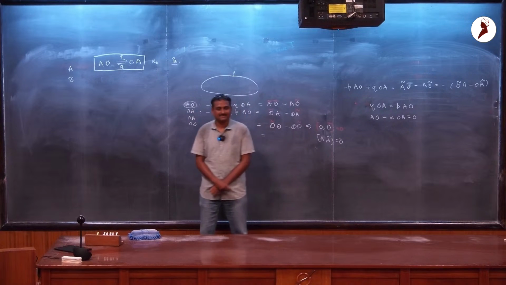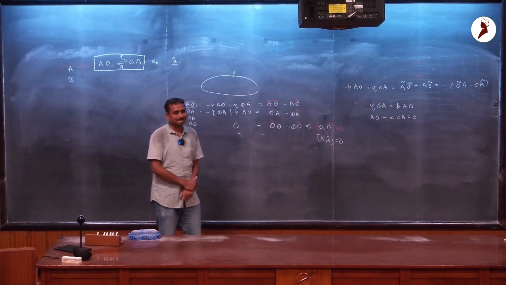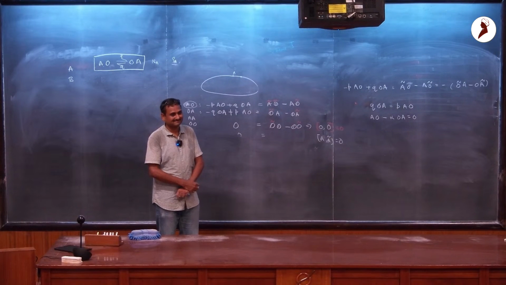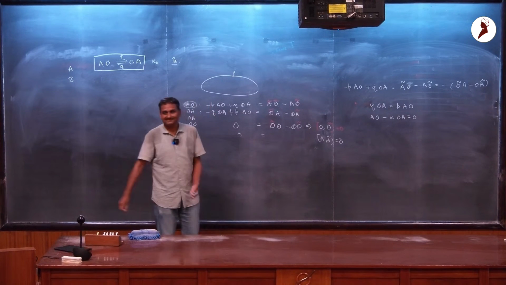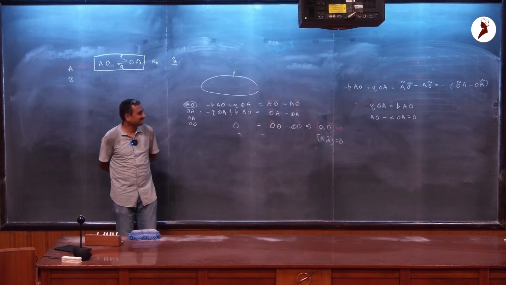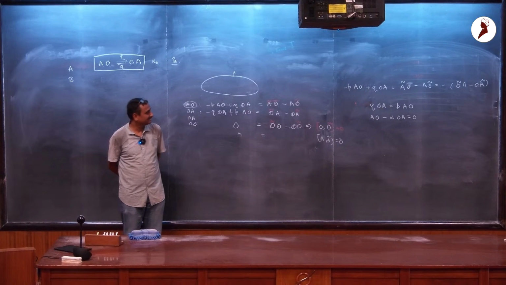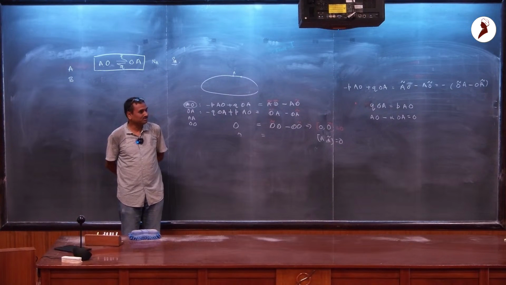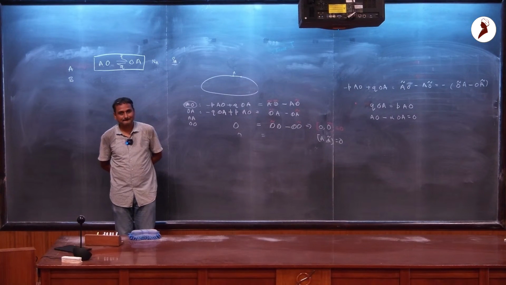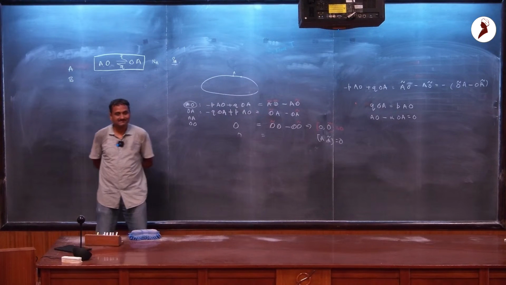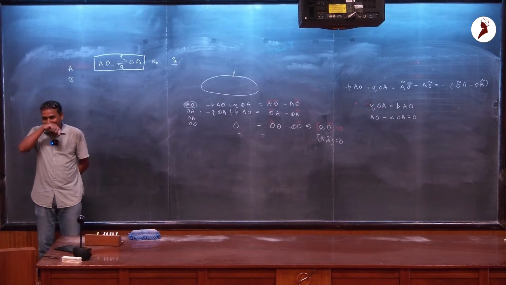Will it work? Are there other matrices which satisfy these equations? AO equal to alpha OA. Scalars will not work, right? But this one should have a scalar solution.